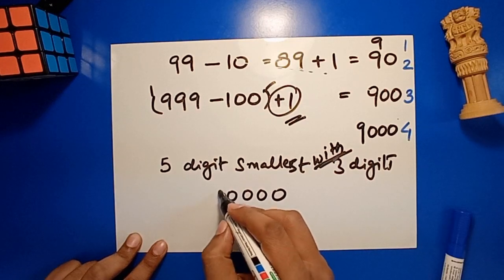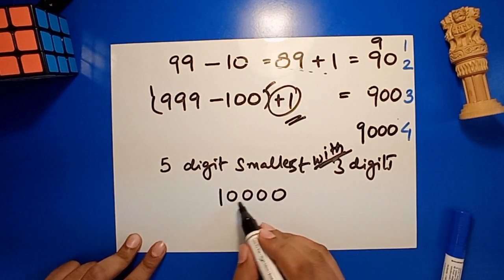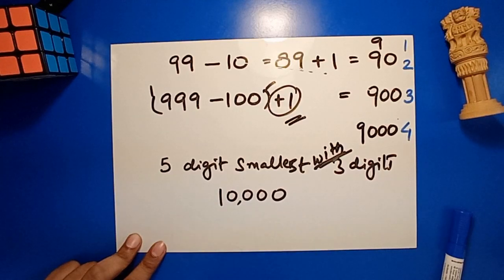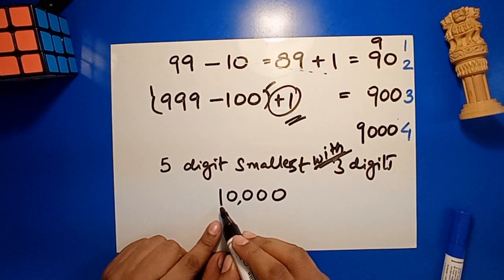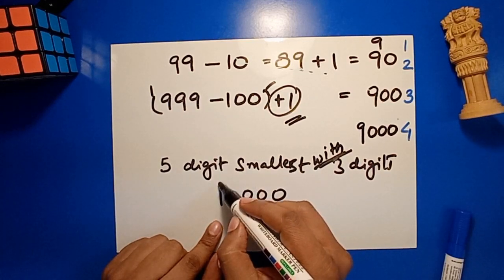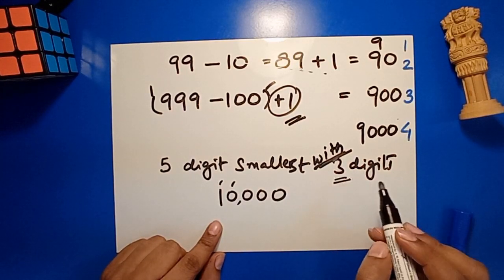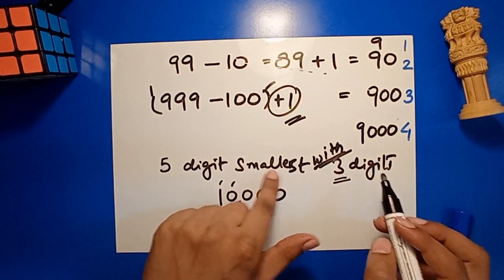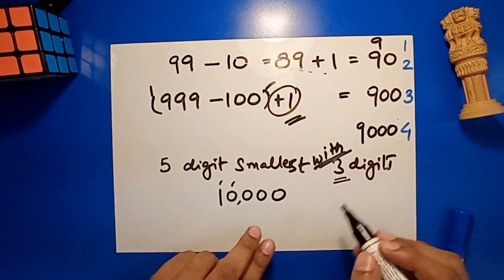So the smallest 5-digit number is 10,000, with places ones, tens, 100, 1000, 10,000. We already see that there are 2 digits used here, 1 and 0. Now I need to use another digit to solve this problem because I need to find the smallest number with 3 digits. 2 digits are already used.